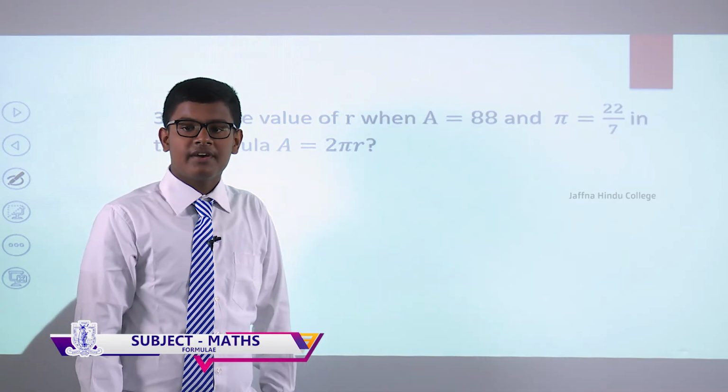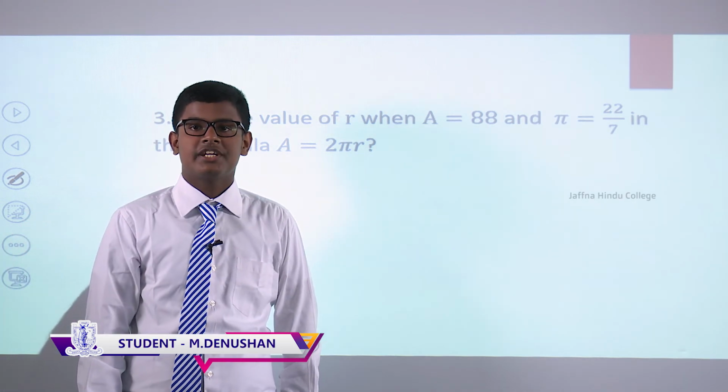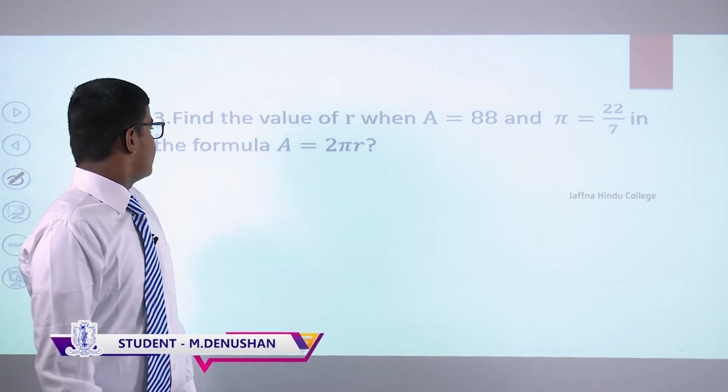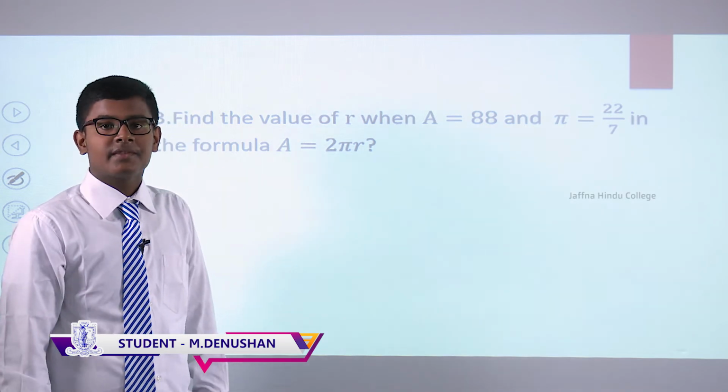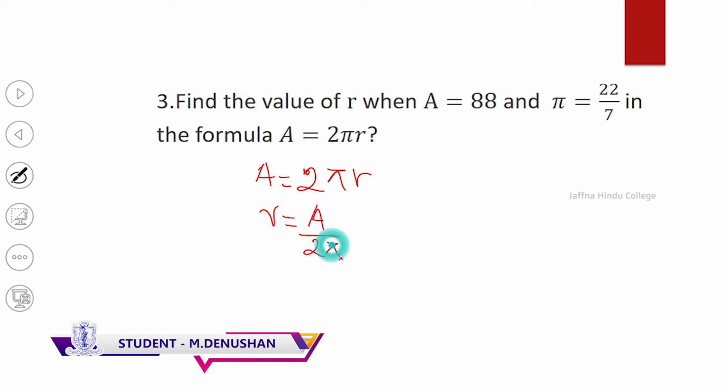In the formula a is equal to 2 pi r, we have to find the value of r when a is equal to 88 and pi is equal to 22 by 7. First we have to make r the subject. r is equal to a over 2 pi. Then we can substitute the values directly. r is equal to 88 over 2 into 22 by 7.